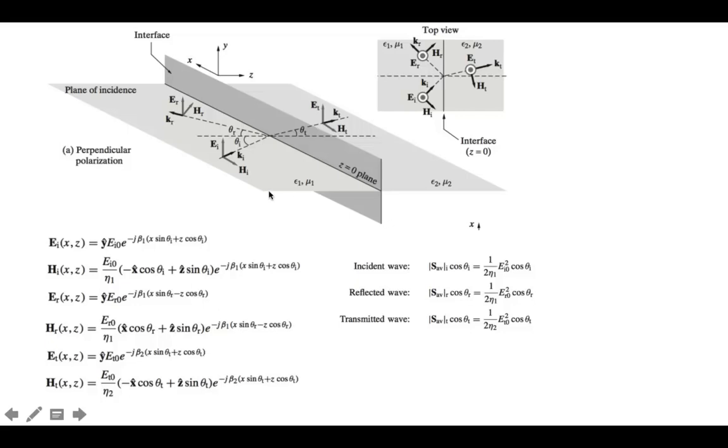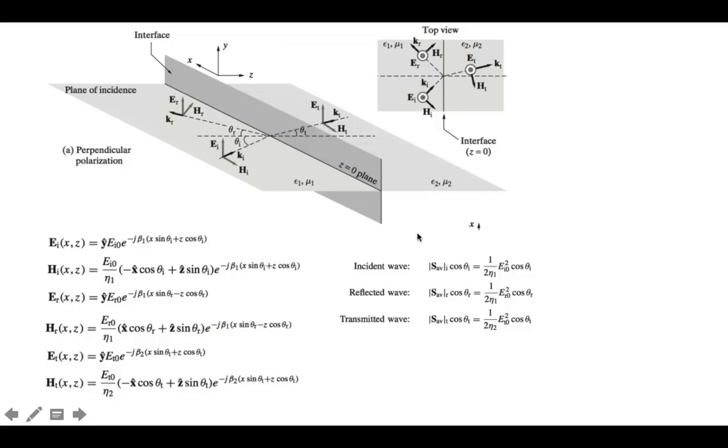And of course, we remember that the angle of reflection and the angle of incidence are the same, and then the angle of incidence and the angle of transmission are related by Snell's laws. The other thing to review here, oh, and so here's a top view, and this is the view that we've been illustrating both in your textbook that I've been using as well as on the board. So this would be the two-dimensional representation looking down on this three-dimensional figure.